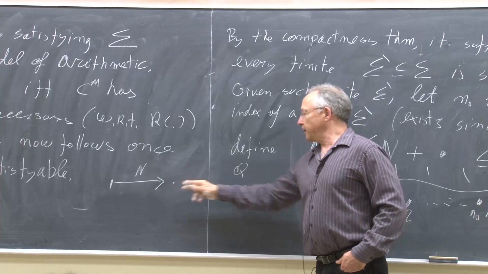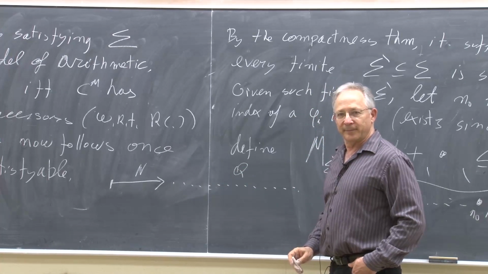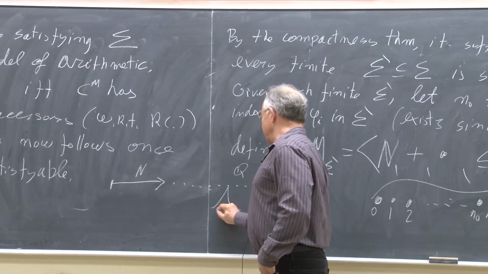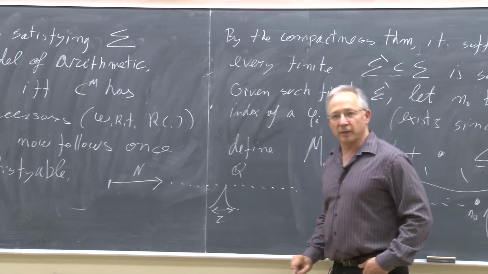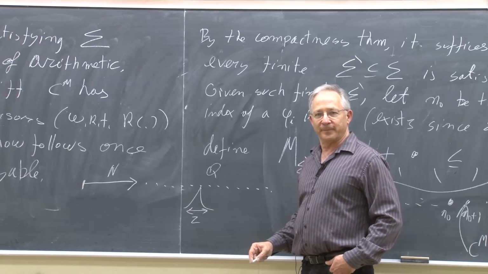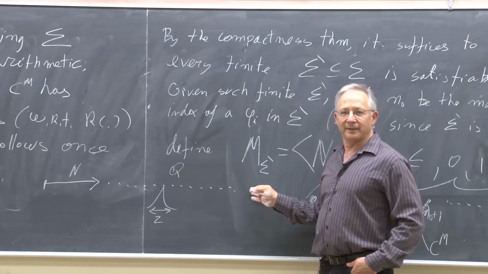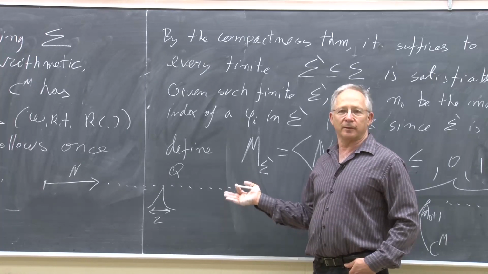There is no first element, no last element. Between any two, there is another one. And each of them, if you look at it microscopically, looks like Z, the integers, which are both negative and positive. And we have this whole big collection of them.